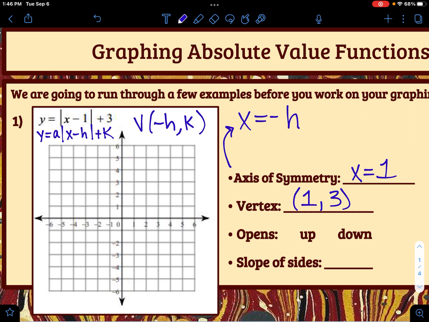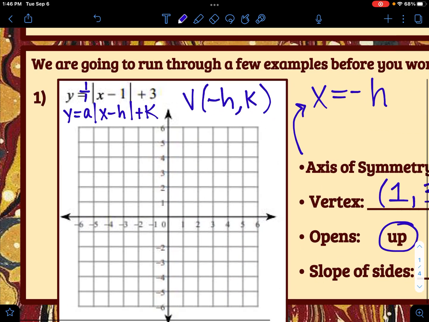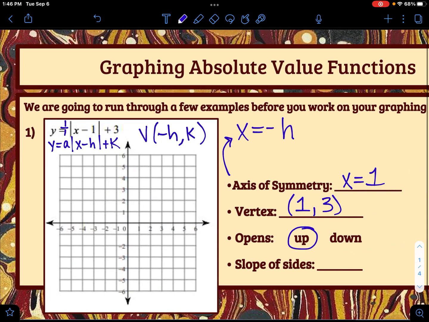Looks like A is positive, so this one's going to open up. And there's nothing out in front, so I'm going to assume that the A is 1. And the slope of my sides is going to be 1/1.